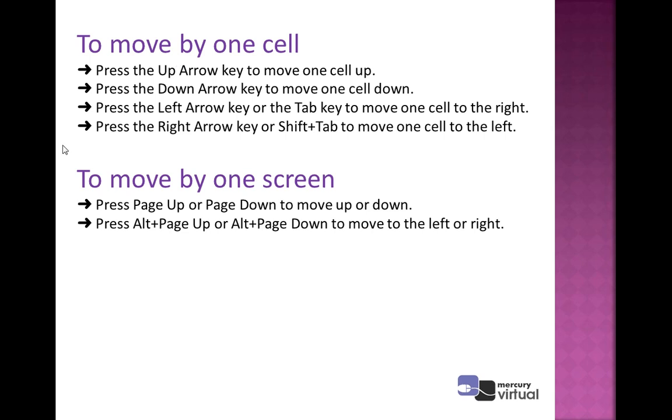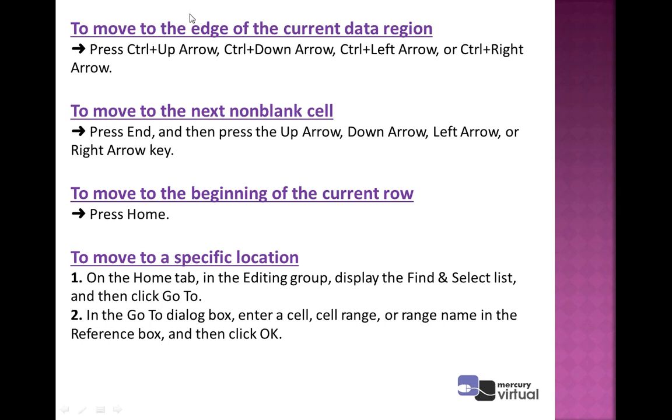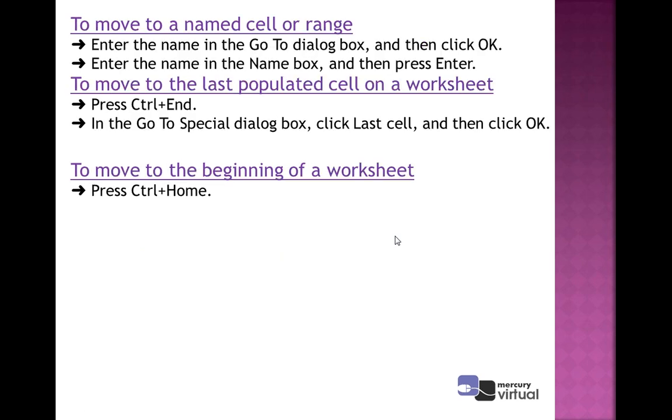Then we covered how to move one screen, that is, how to use Page Up and Page Down to move up or down, and how to use Alt plus Page Up and Alt plus Page Down. Then how to move to the edge of the current data region and how to move to the next non-blank cell. These are all commands available for navigating the worksheets, that is, how to transfer from one place to another.